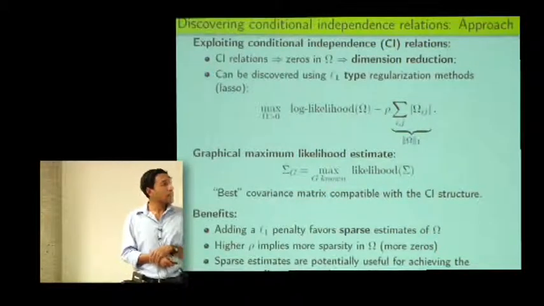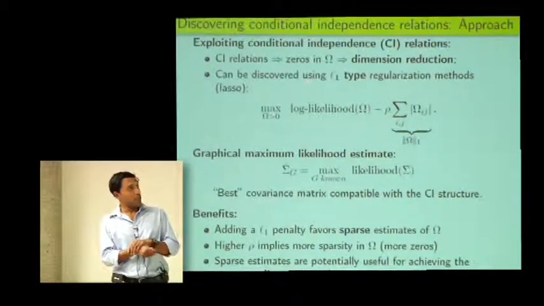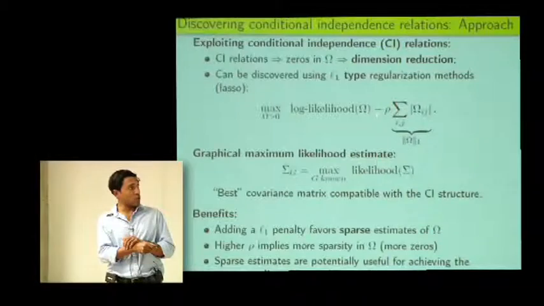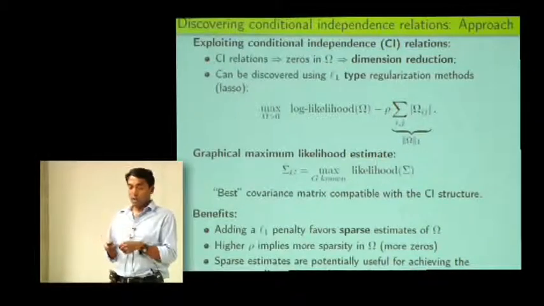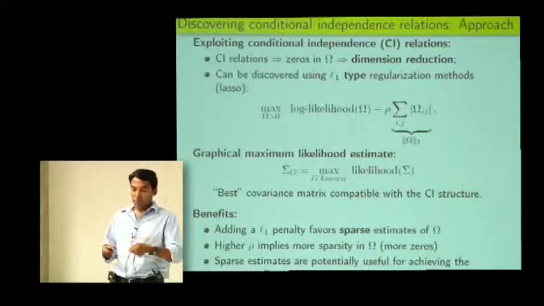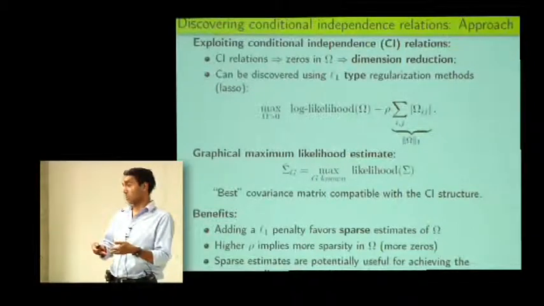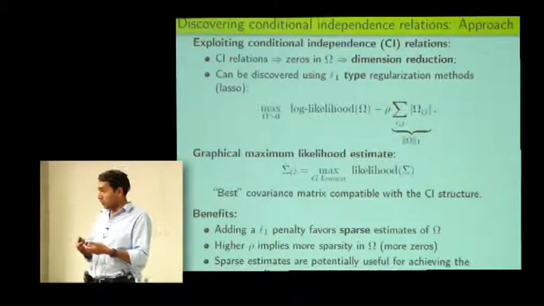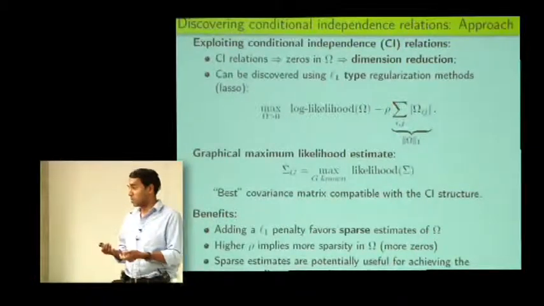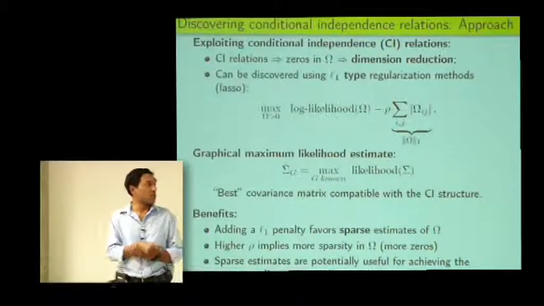So this is the problem that we're trying to solve. We put zeros in the inverse through an L1 penalty. Now this rho is often called a tuning parameter. If you put too much of a penalty, it will put many things to zero. You don't want that. You only want those which the data indicates should be zero, and everyone else not to be zero.